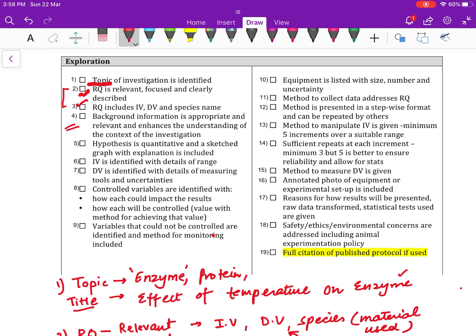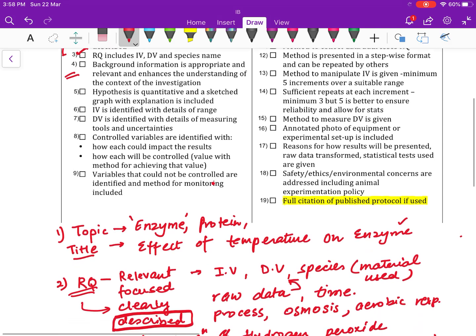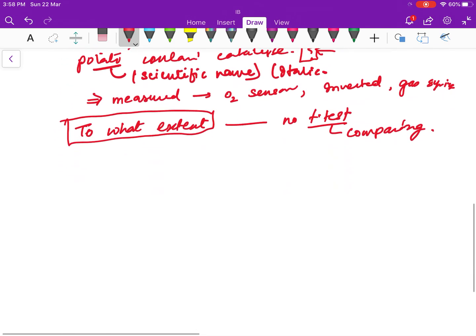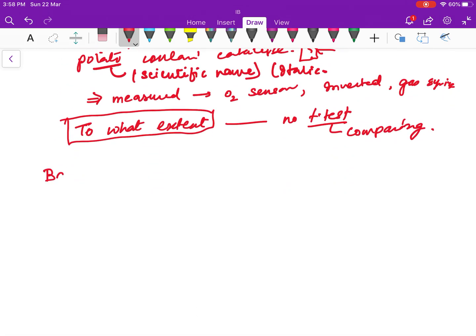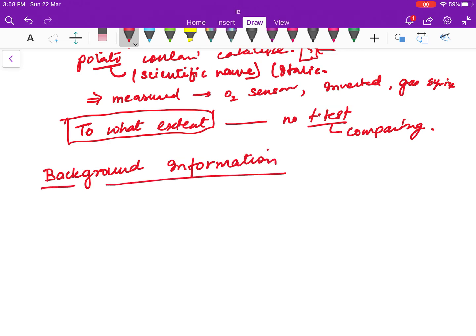Point 4, background information is appropriate, relevant, and enhances the understanding of context of the investigation. Now, background information, some of you have written an introduction before it, where you are telling what ignited you or what stimulates you to research on this question.